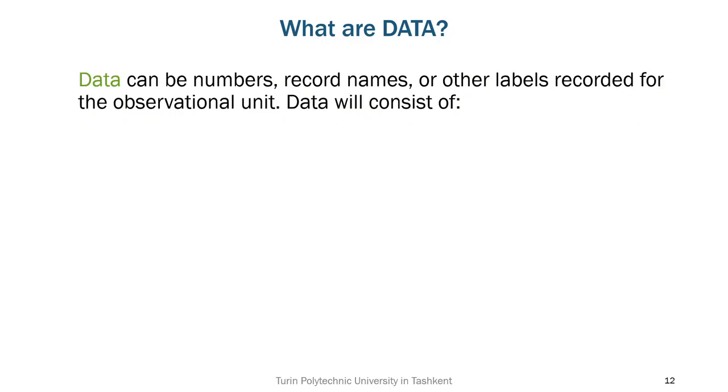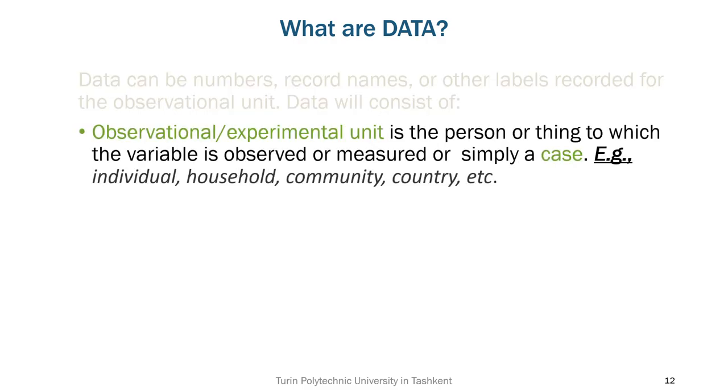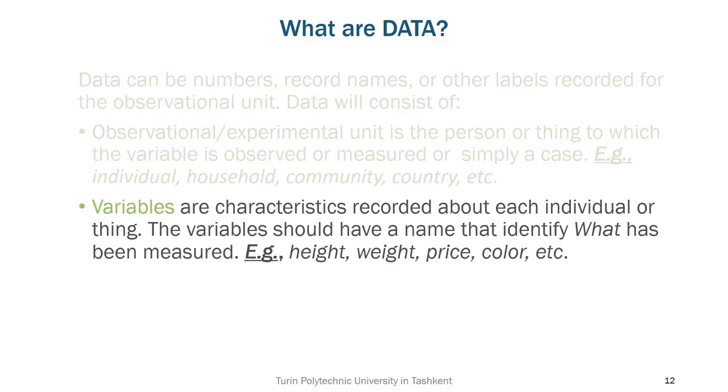We also have different types of data. Data can be numbers, recorded names, or other labels recorded for the observational unit. We have the observational and experimental unit, which is the person or thing on which the variable is observed or measured, or simply a case.